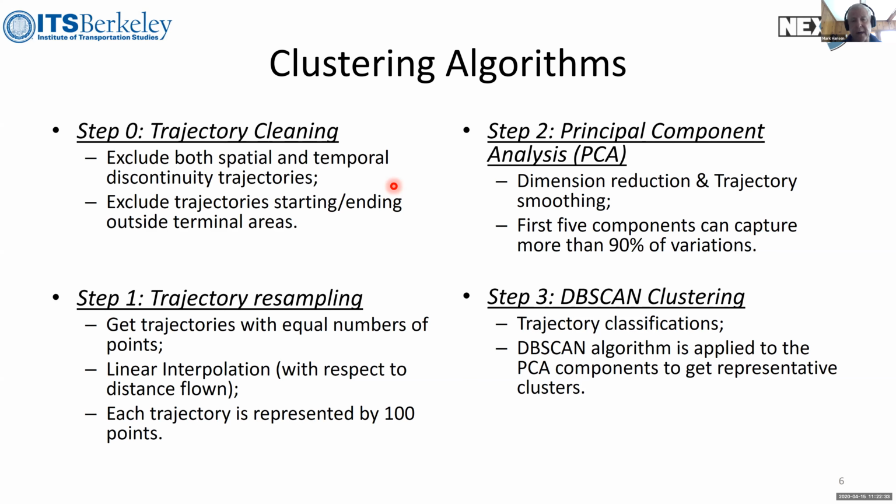So now we have a very low dimensional, nicely organized data set, basically 5 variables representing each of those trajectories. And in our case, we use DBSCAN as our clustering method. That's what results in the actual trajectories that come out.